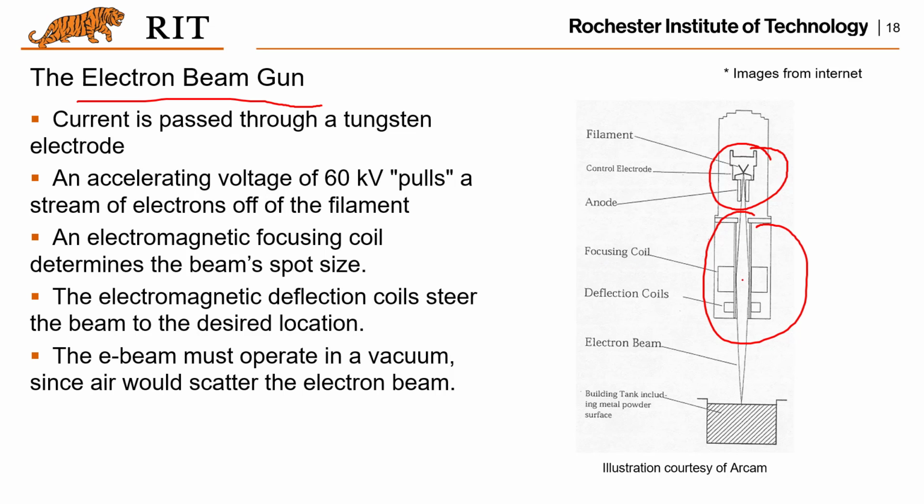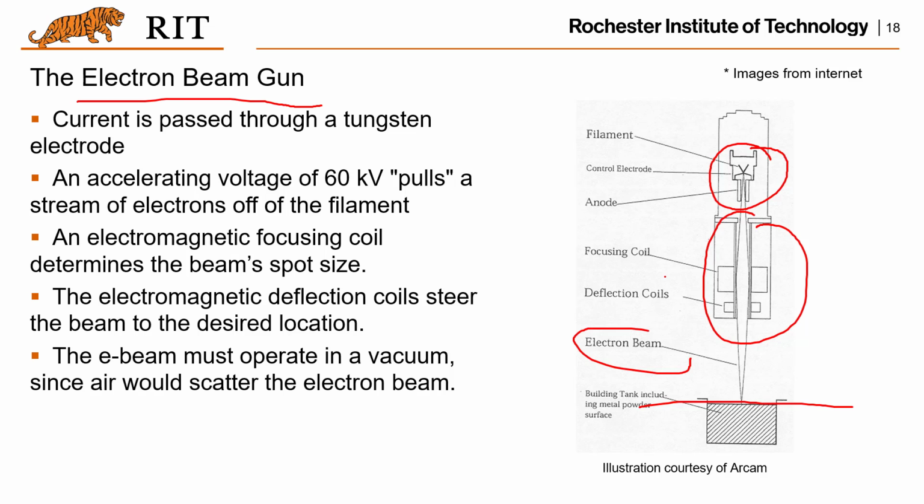Here there are electromagnetic coils, and these coils can change the direction of the electron stream, up and down, left and right, such that you can steer the electron beam to different locations on the surface. So there's no actual mechanical motion during this process.